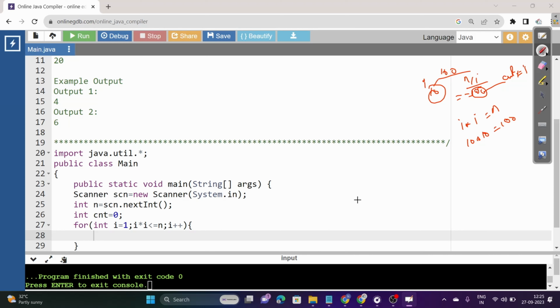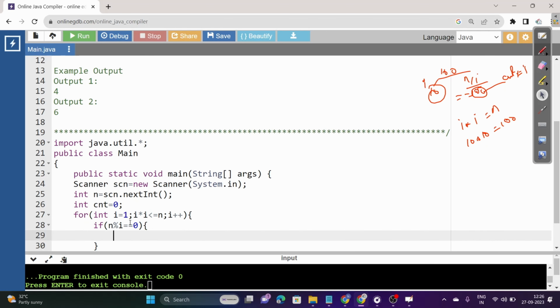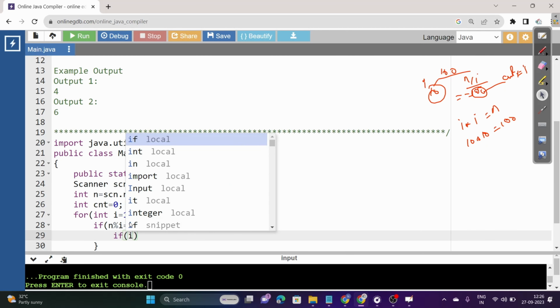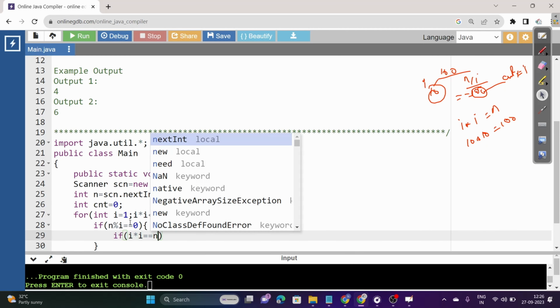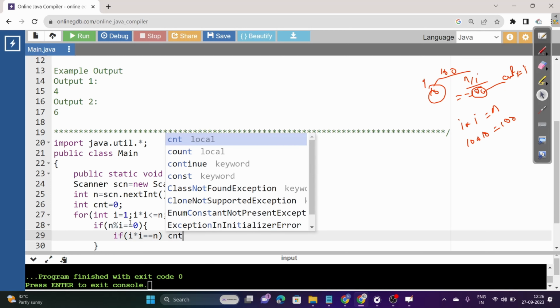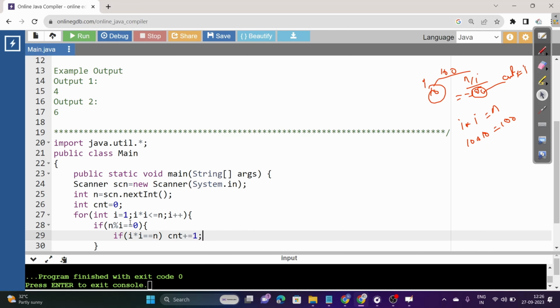So I am checking first: is there any factor, that is, if n mod i equals 0. If i is a factor, I check if i * i equals n; in that case I increment my count by 1. Otherwise, I increment my count by 2.